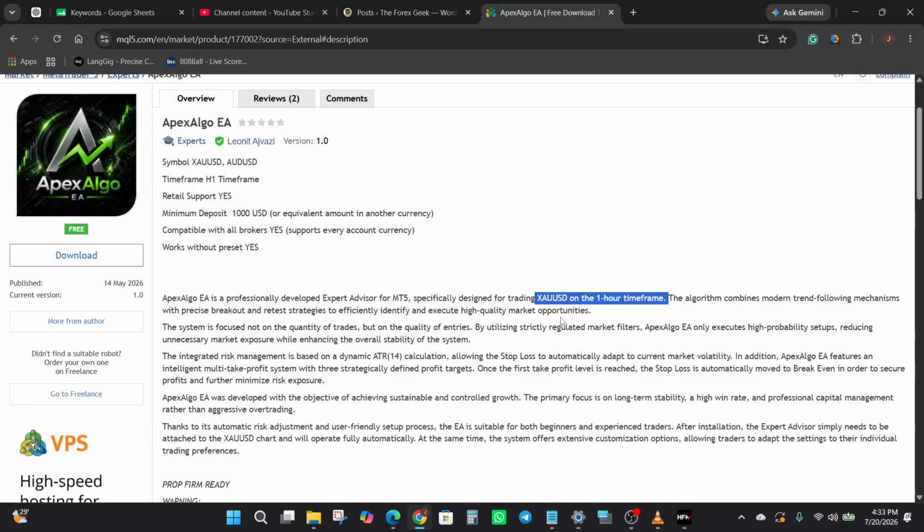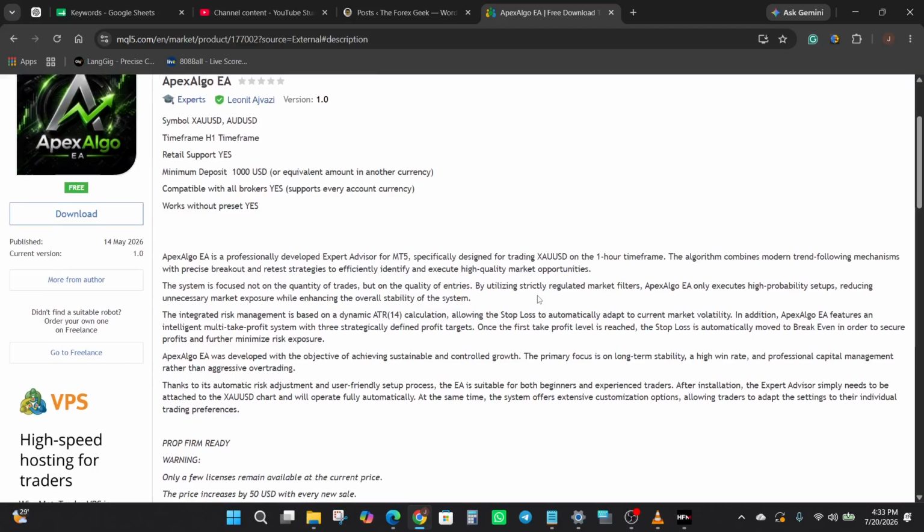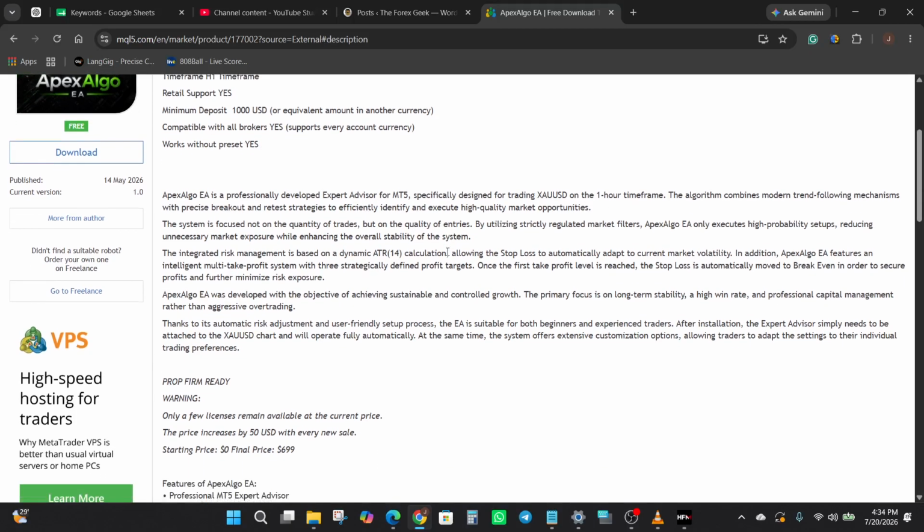The description highlights a trend following approach with breakout and retest logic, strict market filters for higher quality entries, dynamic ATR based stop loss, a multi-take profit system, and automatic break-even protection once the first target is hit. It emphasizes quality over quantity, controlled risk, and sustainable growth rather than aggressive trading.